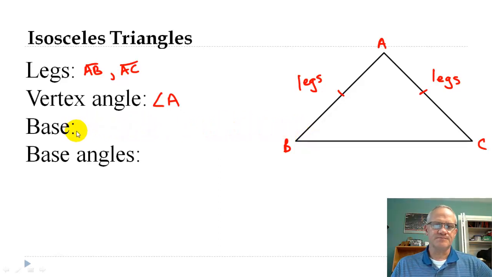The base is the side that's not one of the two legs, so the base would be this side down here, which is side BC.